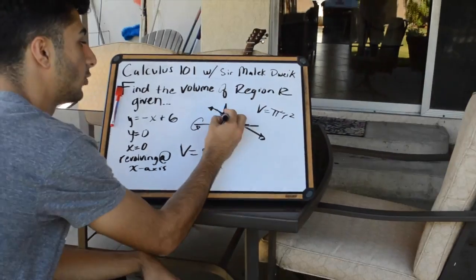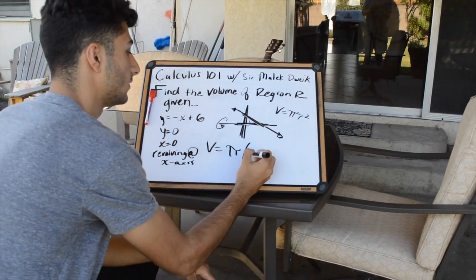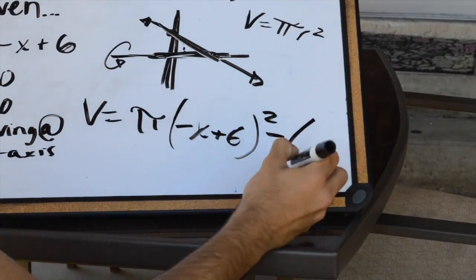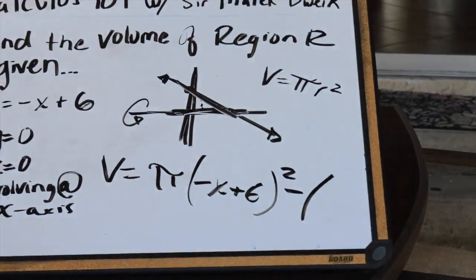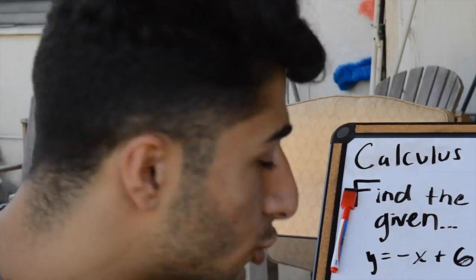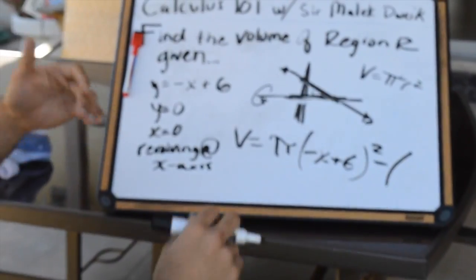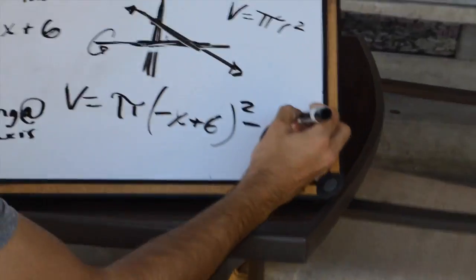In this case, that'll be this line, which is negative x plus 6, squared, minus. Now, what's the inside radius, you ask? Here's where it gets a little tricky. It's not really tricky, it's actually very straightforward. When we start at this axis of rotation, we're already at the inside radius. So the inside radius is y equals 0, or just 0 squared.